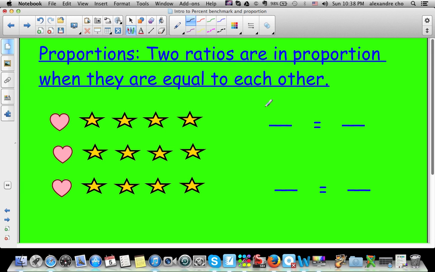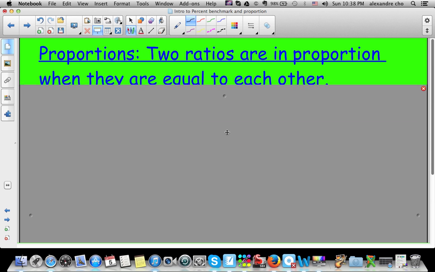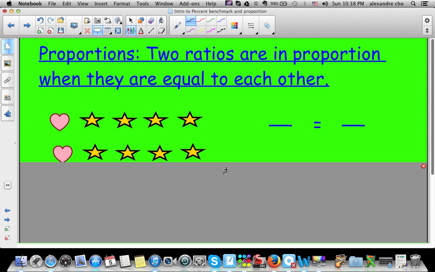Alright, now pencils down for a second, and let's just pretend we are talking about this particular scenario right here. Remember, our initial ratio is that there is one heart for every 5 items, part to total. On the other side, thinking about this new set of items that we have, we can write that there are 2 stars for every 10 items.